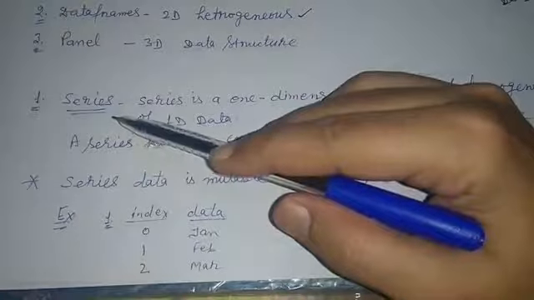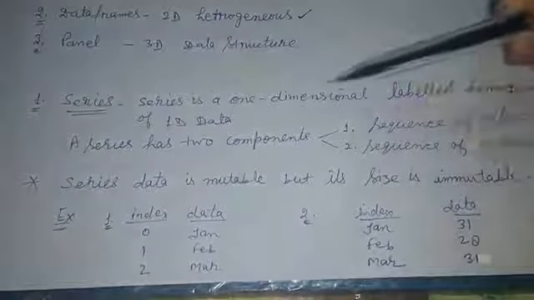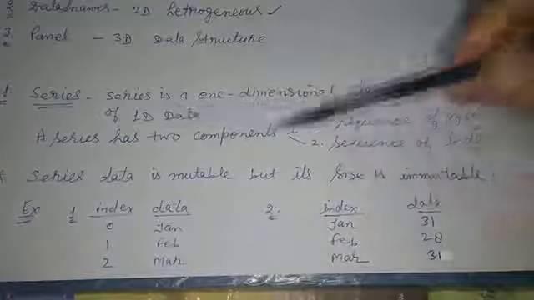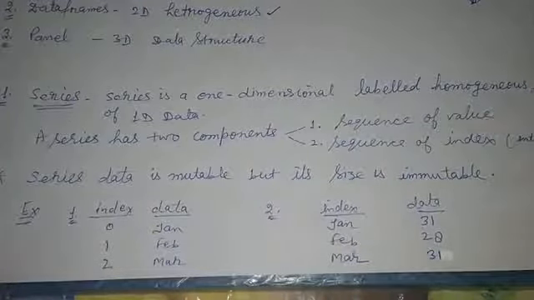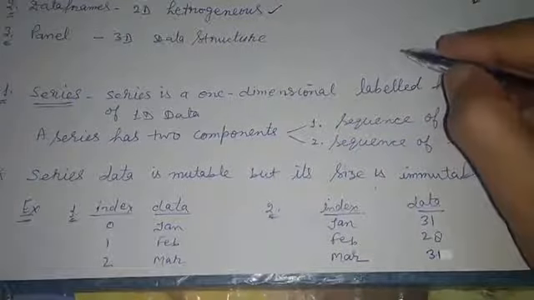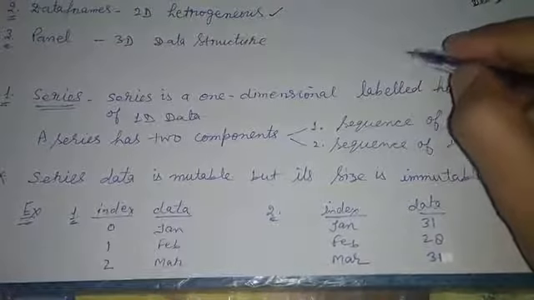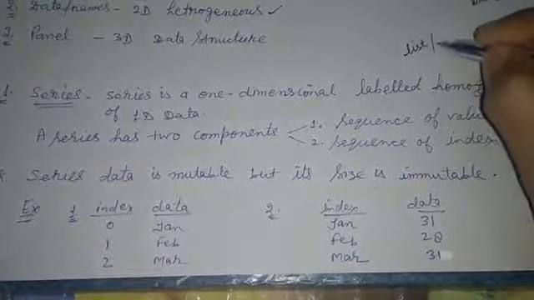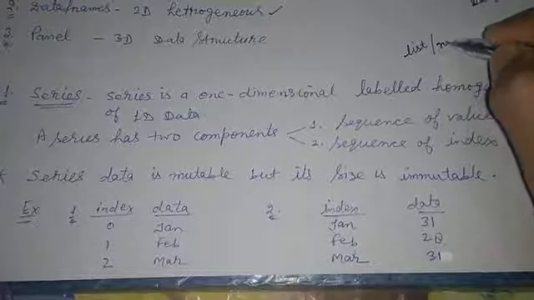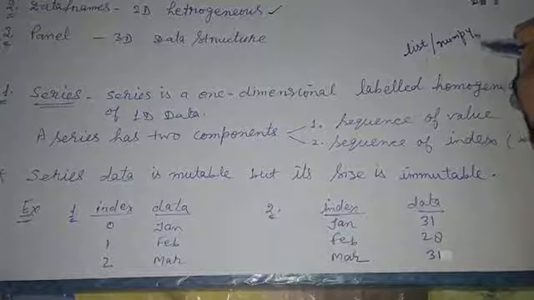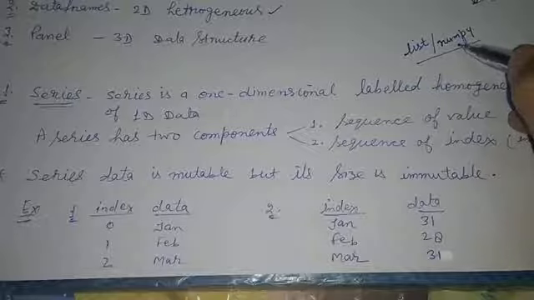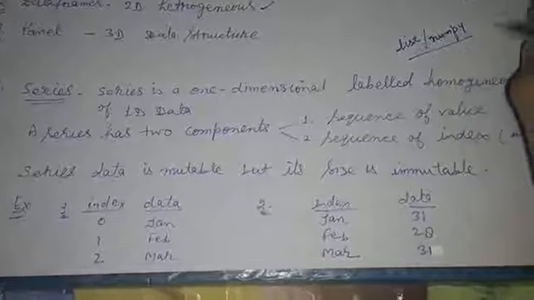Number one is series. A series is a one-dimensional labeled homogeneous set of data. You have already studied one-dimensional data structures like list and NumPy array. We have already discussed the difference between list and NumPy array. Both have a one-dimensional structure.